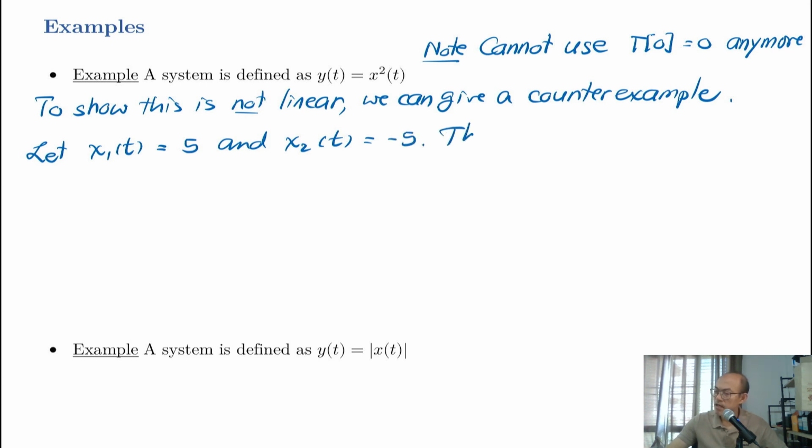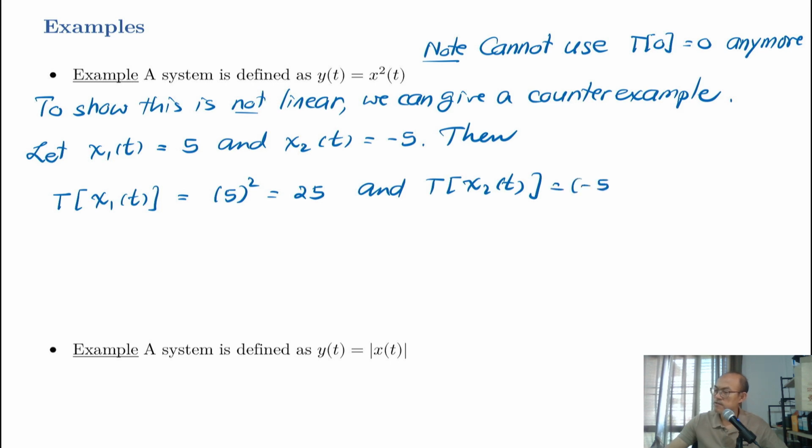Okay, then if we add these two together, x1 x2, so then T of x1 is going to be 5 squared, and that is 25, and T of x2 is the same, which is minus 5 squared, and it is 25.